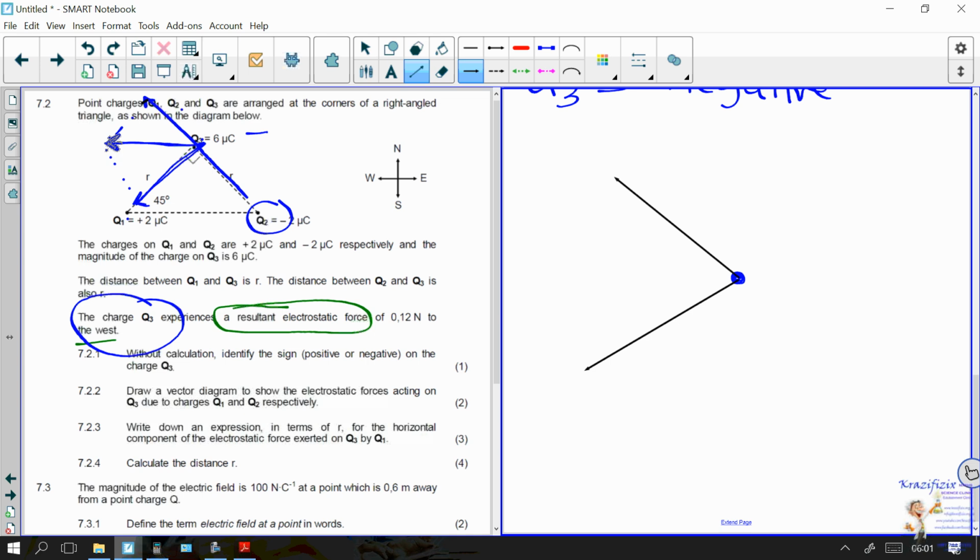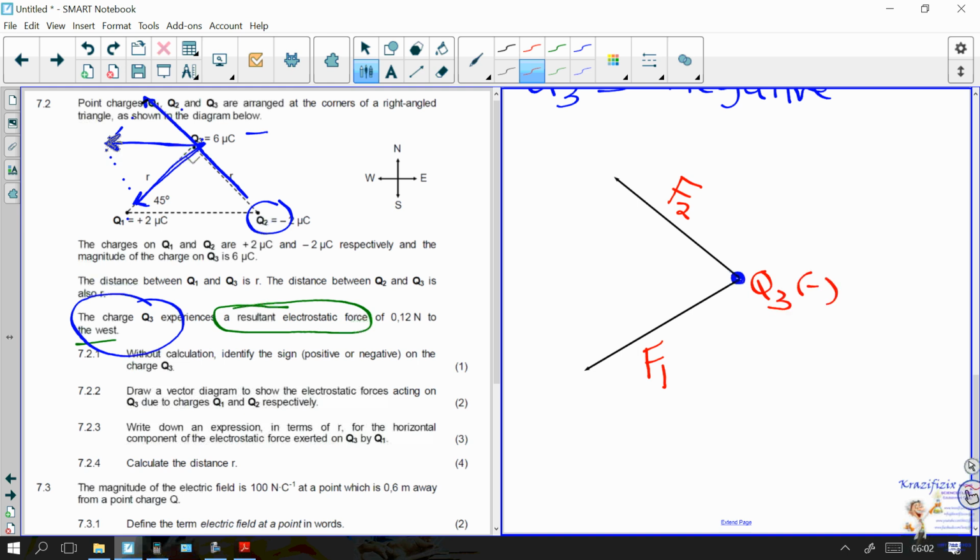Nice, perfect. This is going to be F2. This is going to be F1. Remember, this is Q3, negative. Here we have a positive, so there's an attraction. Here we have a negative on the side, which is actually pushing this away. Hence my arrows are pointing in that direction. So that's your vector diagram.